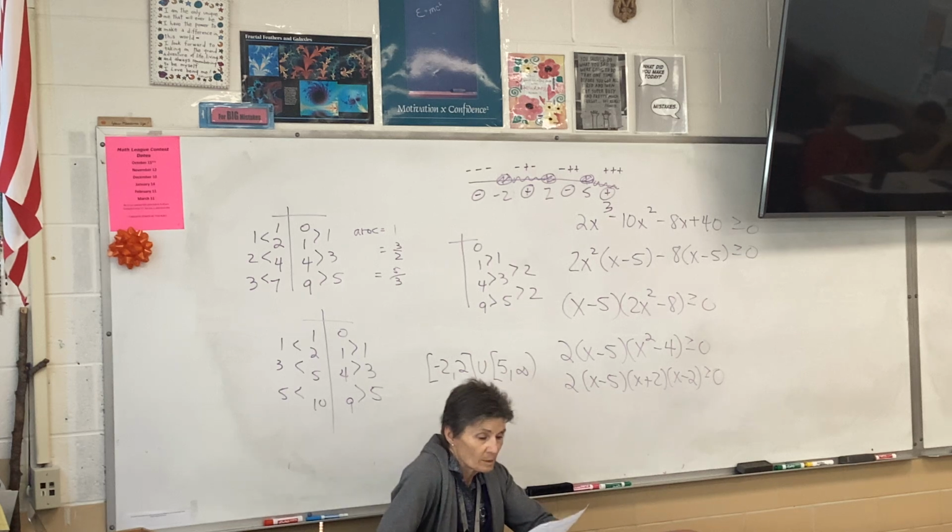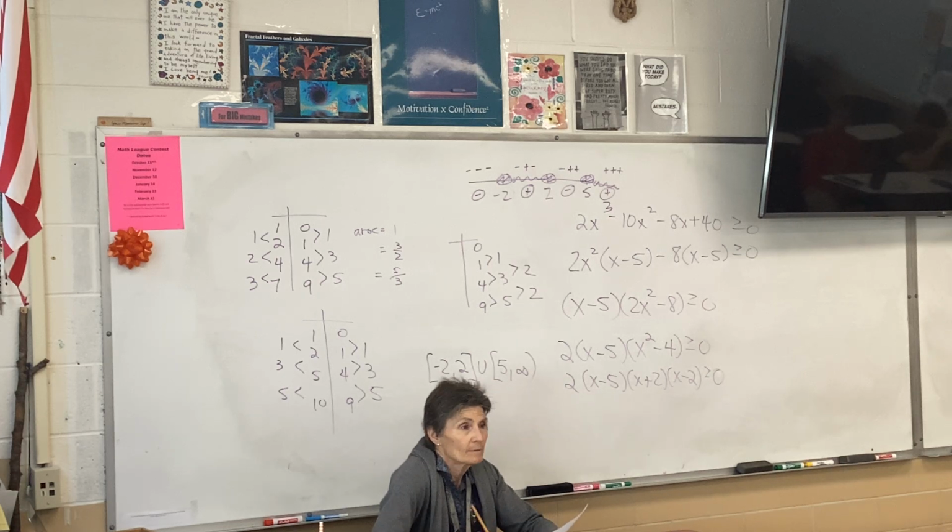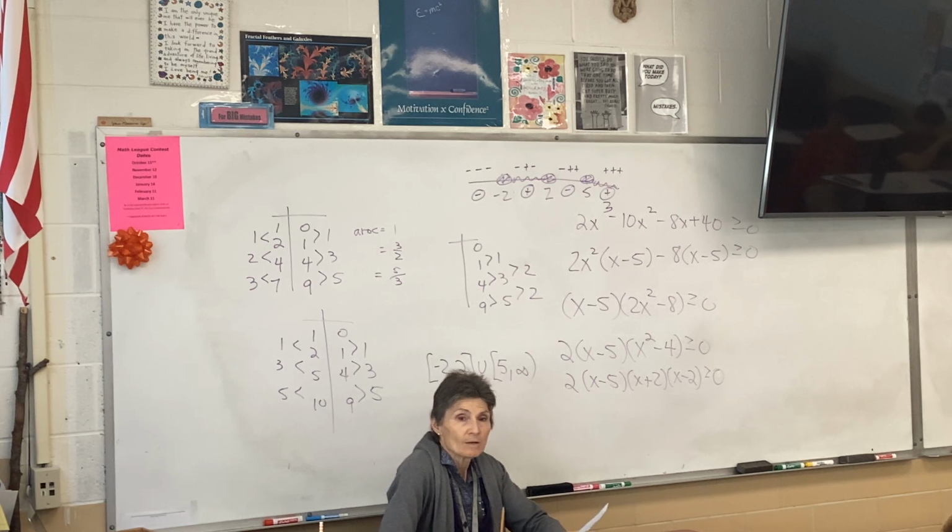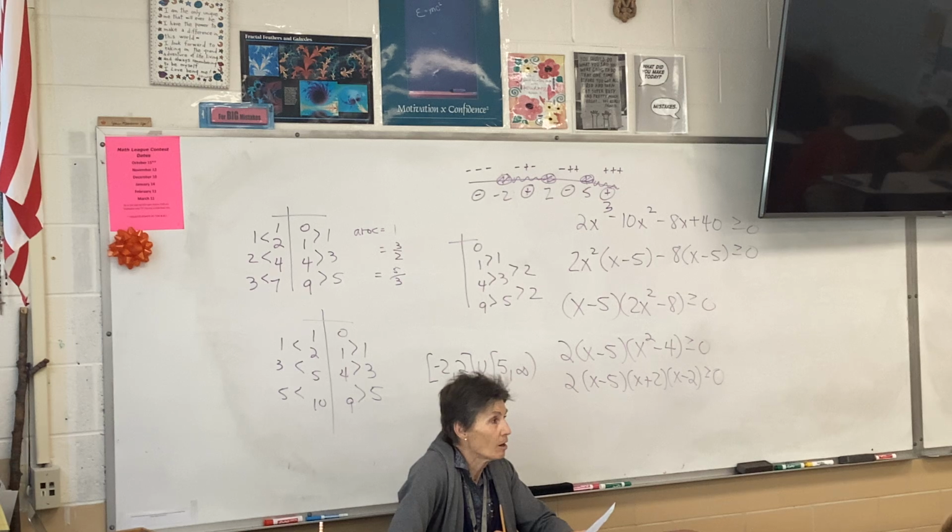Here's some ideas. Does anybody have an idea for A? Concave up, concave down, or neither? What's your thought on that? Concave up, because the rates of change are increasing. Would everybody agree with that? They're negative, but they're getting smaller negative. That means they're increasing.